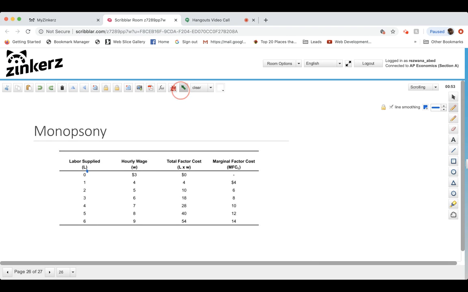And as we mentioned, because they face an upward sloping supply curve, in order for them to hire more people, to go from 1 to 2 to 3 to 4, to hire more and more workers, they have to increase their hourly wage. If it's an upward sloping labor supply curve, it has to be that way: if you want to hire more people, you will have to increase the wages.